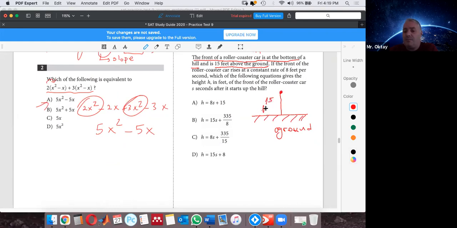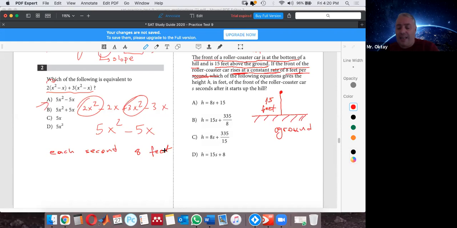This is given. And then if the front of the roller coaster car rises at a constant rate, 8 feet per second, what does it mean? Each second it is getting 8 feet. So first second, 8. Second, plus 8, which is 16. Third second, plus 8, which is 24.